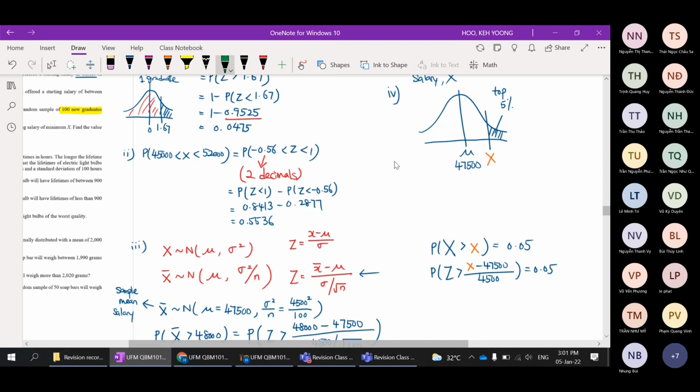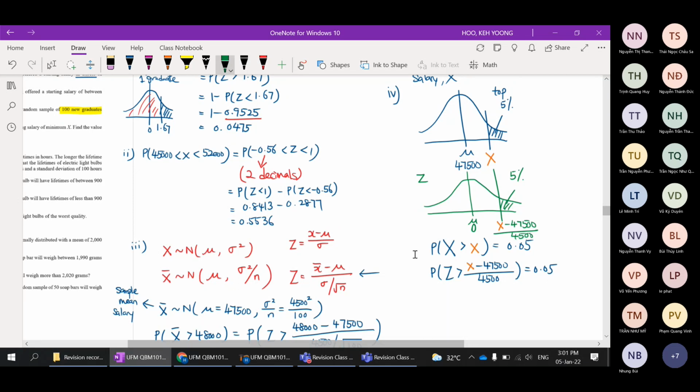So if I draw the graph for the Z distribution after we convert to Z, the mean will be 0. The line here is still the top 5%, but my Z value will be X minus the mean 47,500 divided by 4,500.